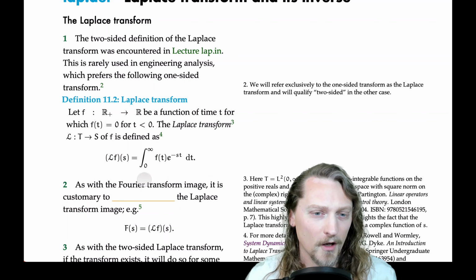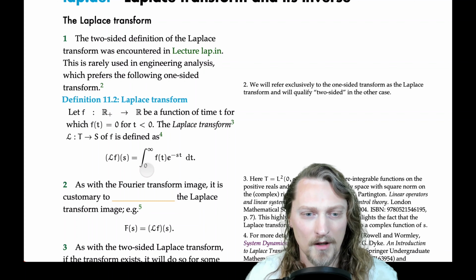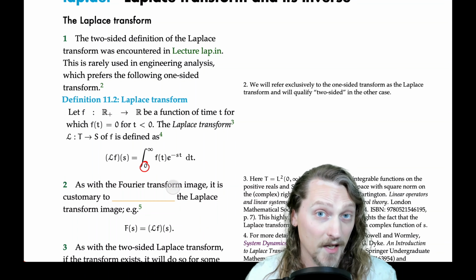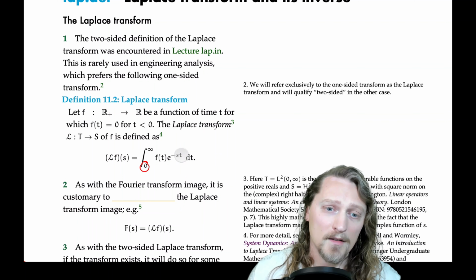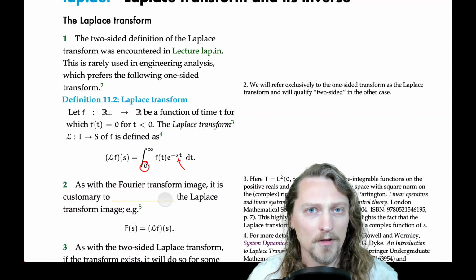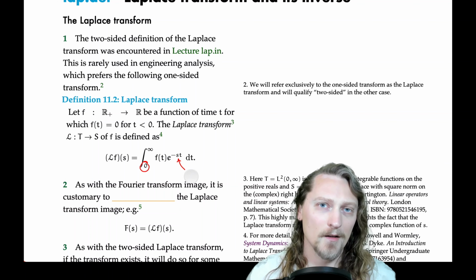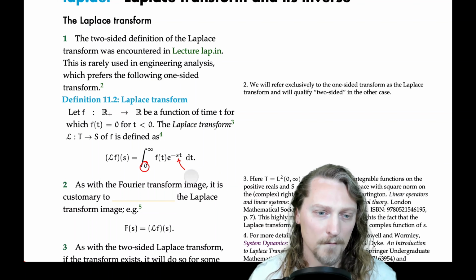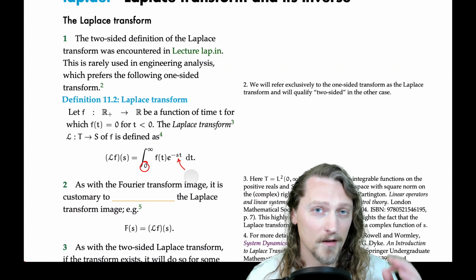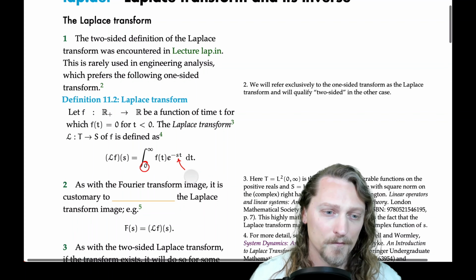Of particular note in terms of difference are this bottom limit, which is 0 instead of negative infinity, and this factor in the exponential, which is s instead of j omega, okay? The Laplace s is the complex frequency introduced in the preceding lecture.